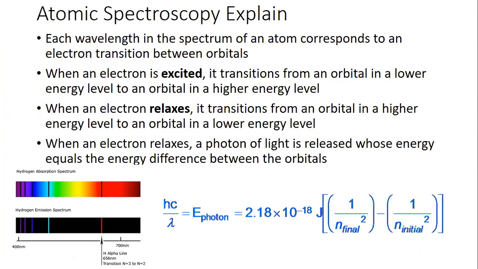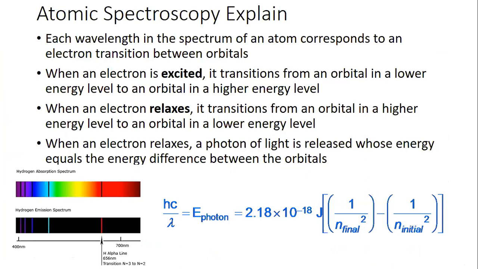Okay, so the last thing we're going to talk about is calculating these atomic spectra. We already talked about this for the Bohr model, which is a good approximation of what's going on. The reason why elements absorb light is that we are taking an electron from one orbital to another orbital at a higher energy.